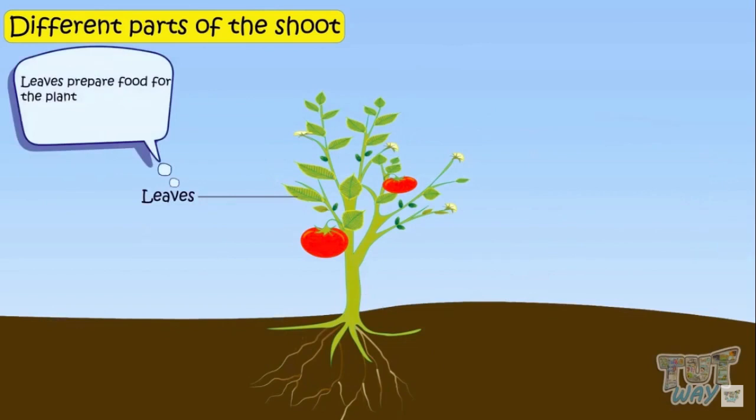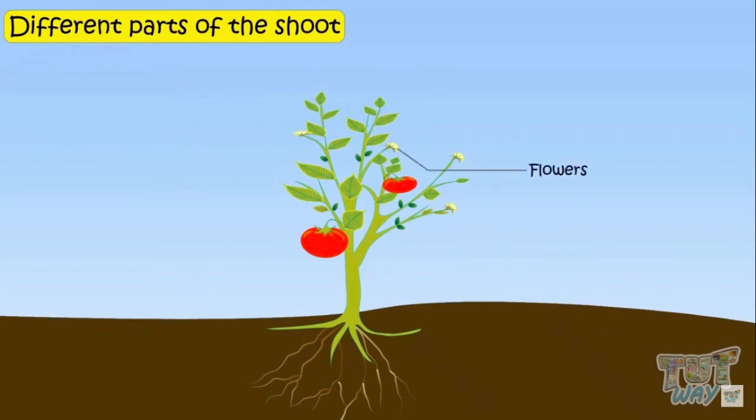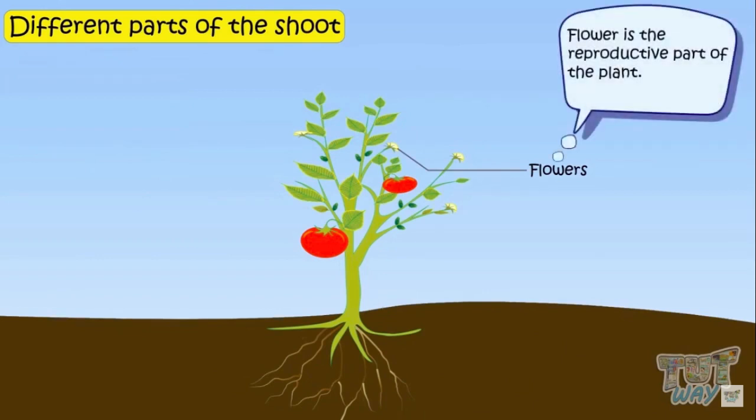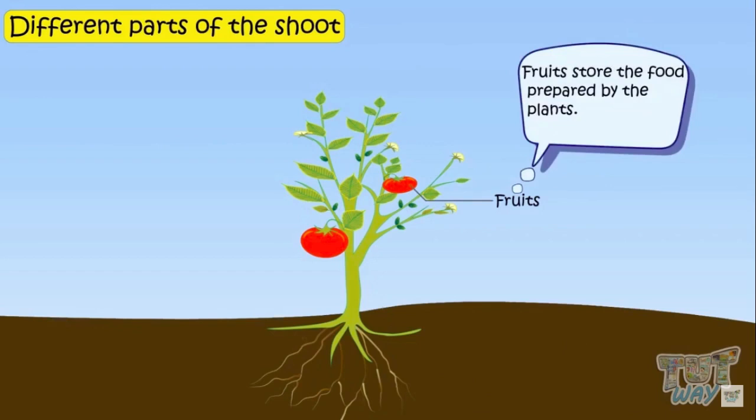Leaves prepare food for the plant with the process of photosynthesis, and leaves are also called the food factory of plants. Flowers. They are the most beautiful part of the whole plant and are the reproductive part of the plant too. And we will learn more about flowers, its structure, and different parts in our next assignment. Fruits. Fruits store the food prepared by the plants and also enclose seeds within them.